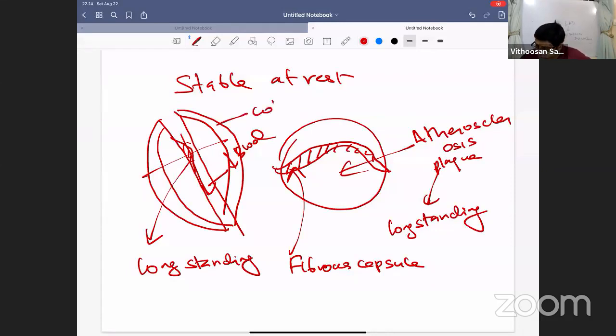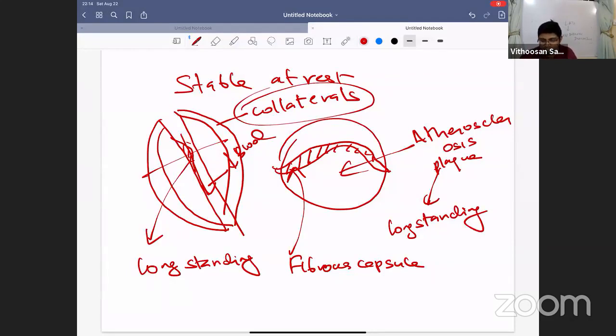It's called collaterals. These new blood vessels, collaterals, give some blood supply.